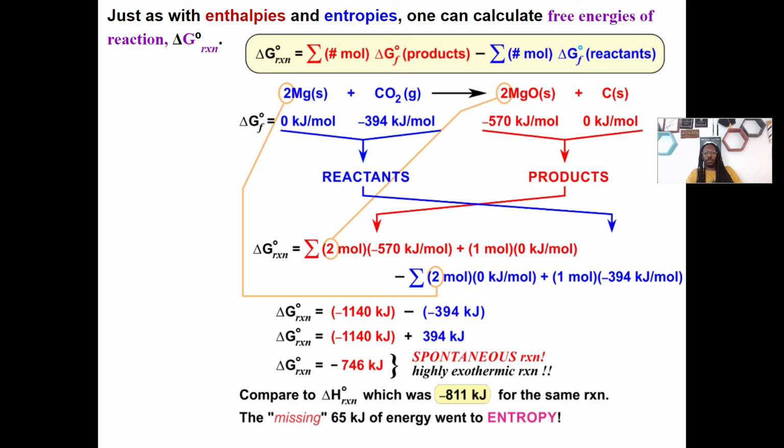Well, that missing energy between these two, even though it's the same reaction, is the entropy. That missing 65 kilojoules of energy is what went to entropy. So now everything we learned is coming together. Everything we talked about is coming together. But essentially, everybody, this is Gibbs free energy.